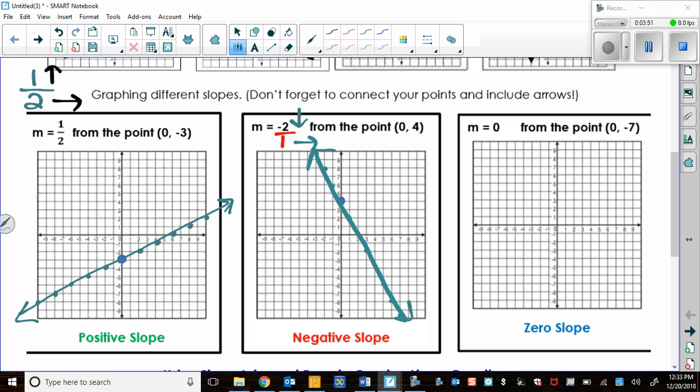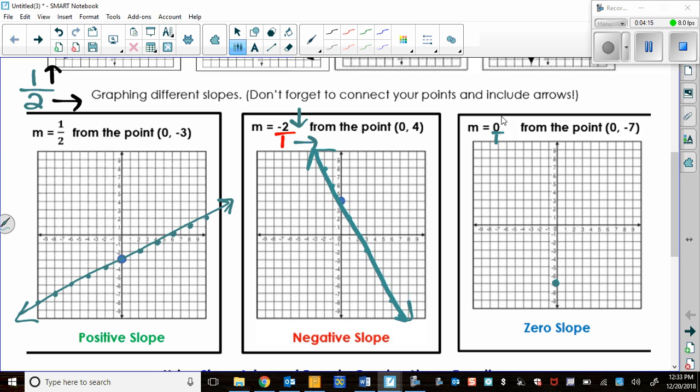Okay, the last one, my slope is 0. I can still write that over 1. Any number over 1, you can write any number. From the point (0, -7). So (0, -7) is my y-intercept, and it's going to be right here. So my slope is 0/1, so I'm not going to move up.